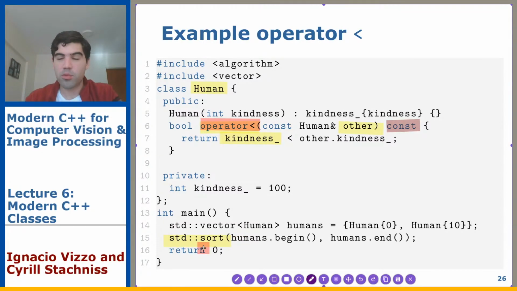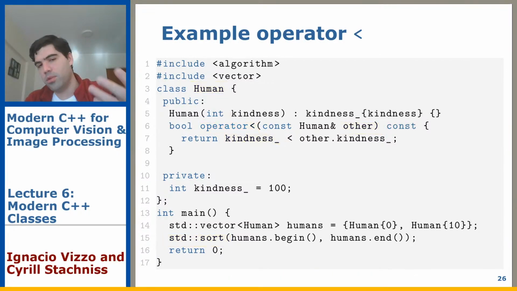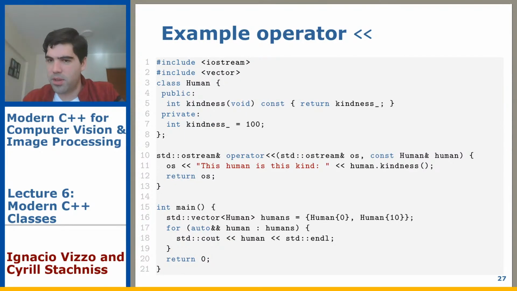This is one really good advantage of having these templated functions and generics. You don't need to write your own sort implementation for classes. The only thing you need is to say how to compare if this is less than the other one, that's the only operator you need to define. You can run this example and you will see that it works.